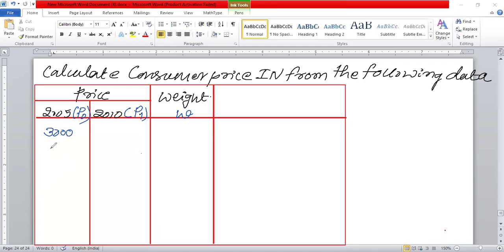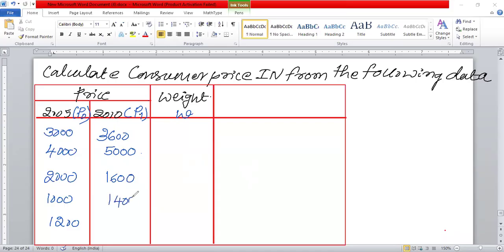3000, 4000, 2000, 1000, 1200. 3600, 5000, 1600, 1400, 1500.